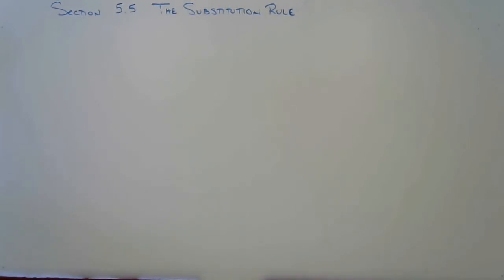And then in section 5.4, we brought together integration and differentiation in the fundamental theorem of calculus. So that's our journey up to this point. We have learned where the integral comes from, at least a geometric interpretation.